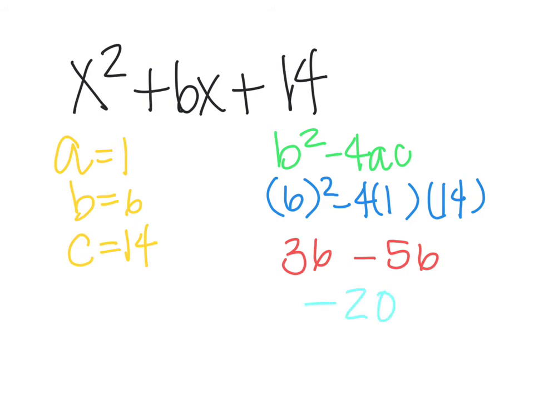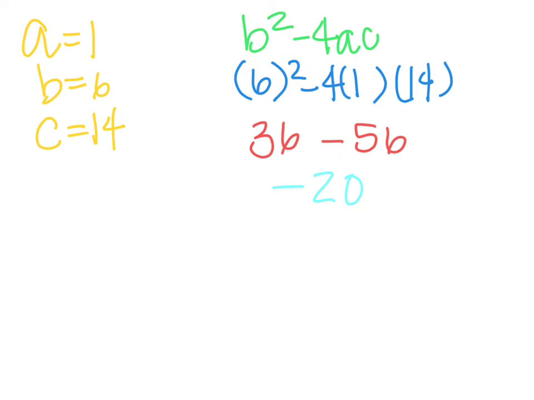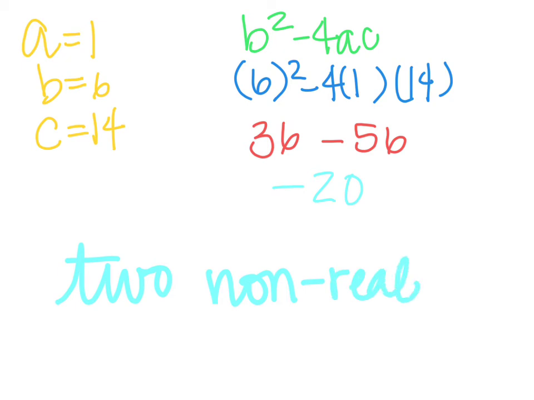36 minus 56 is going to give me an answer of negative 20. Hopefully you recall that if your discriminant is negative, which ours is, that means that this particular equation has 2 non-real solutions.